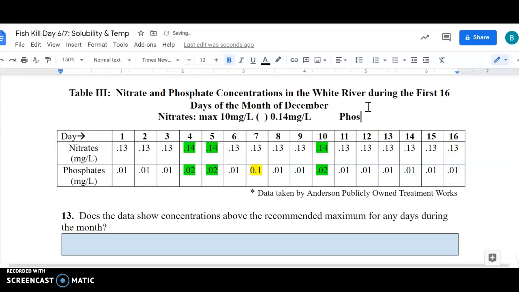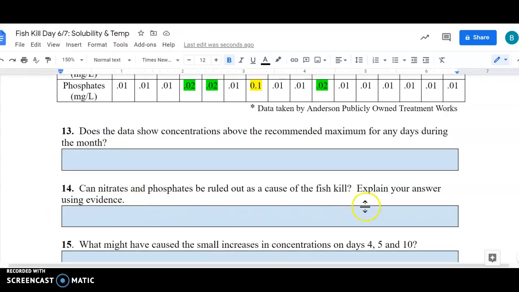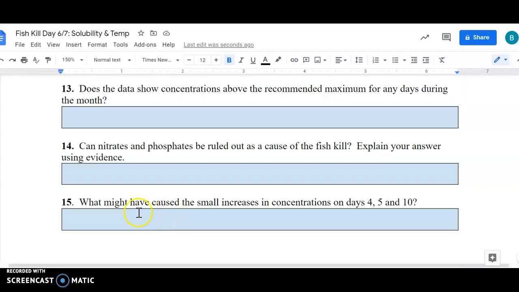For phosphates, the maximum is 0.1 milligrams per liter. Compare it to the highest on here, which is 0.1, and then the next highest is 0.02. Is anything greater? Use that for 13, and for 14, use evidence and numbers to support your explanation.